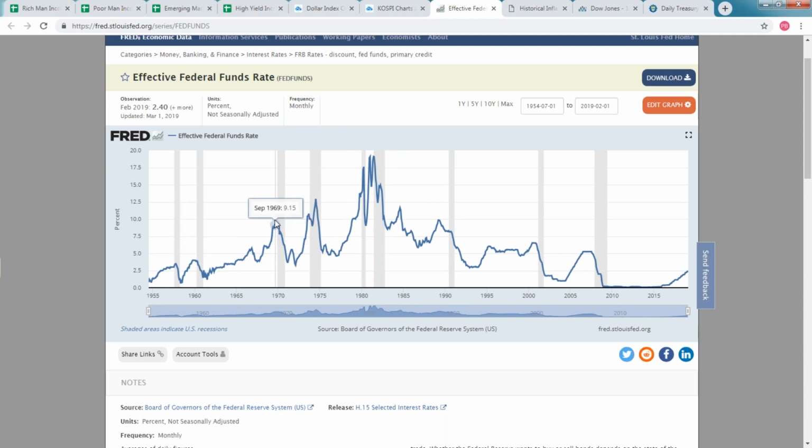You can see there's times where they dropped the fund rate by 50%, then jacked it up by 125%, then crashed it by 75%, and then rushed it up by 250% to get to a high of almost 20%. So what happened to the S&P 500 during that period?